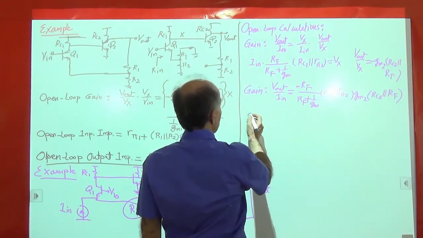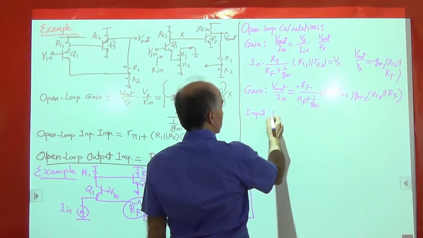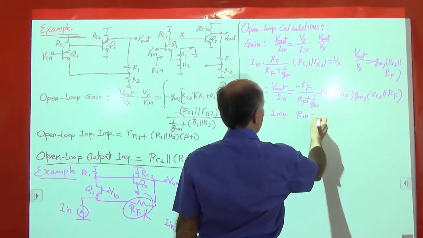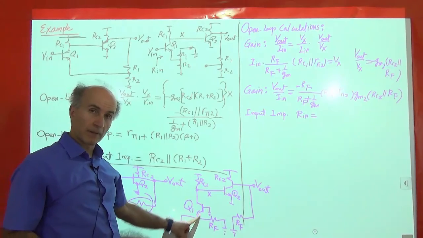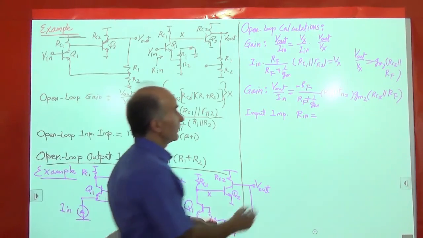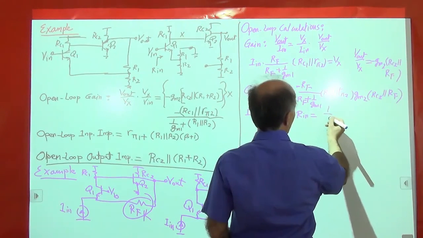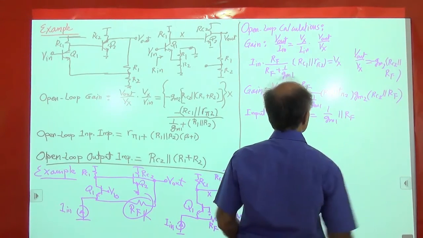Okay, how about the open loop input impedance? Input impedance R in. I'm sitting here and looking here. What do I see? I see 1 over GM1 in parallel with RF, right? By the way, this should be 1 over GM1. So that would be 1 over GM1 in parallel with RF.